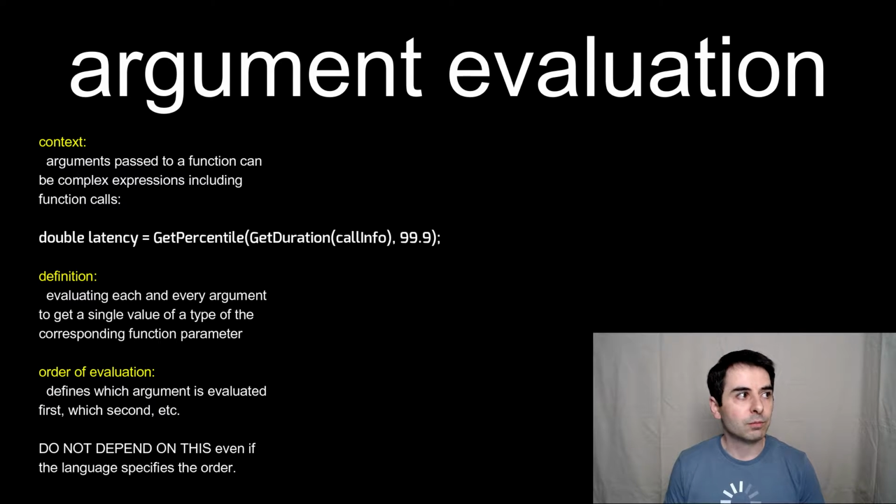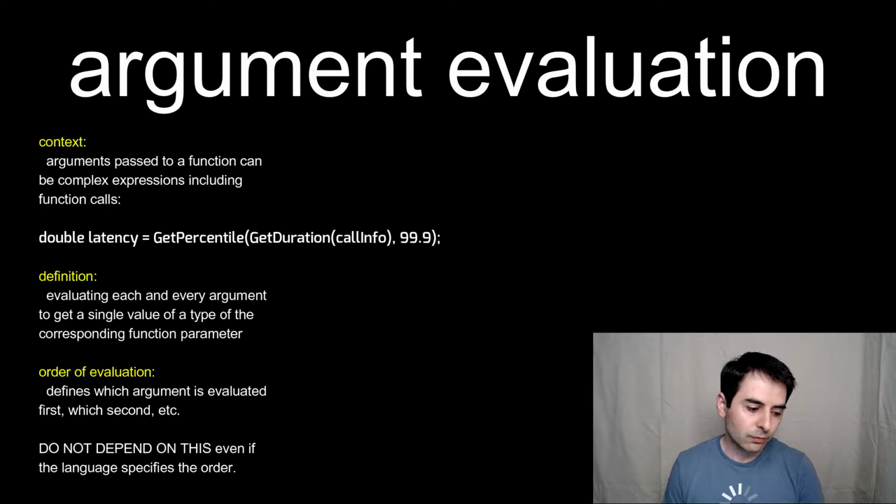So if the function has multiple parameters, then we can pass multiple expressions, including function calls, at the time of calling the function. So the runtime will need to evaluate, basically execute or calculate the result of the expression for each argument, and then pass the calculated result to the function. So that's what the argument evaluation means.